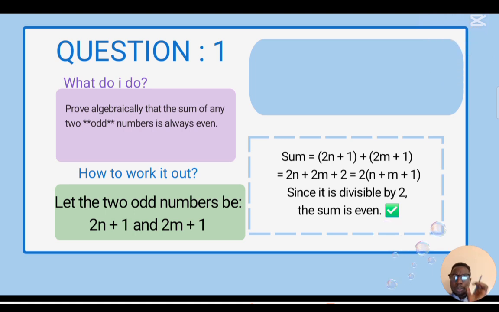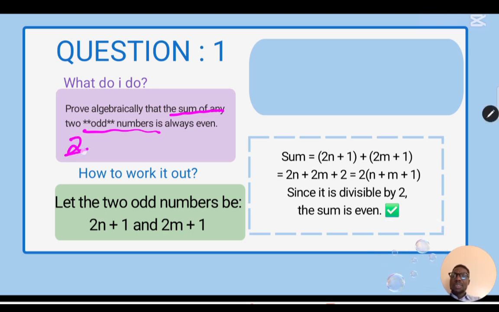Now, question 1. For question number 1, prove algebraically that the sum of any two odd numbers is always even. That means any two odd numbers. What are odd numbers? They are numbers that cannot be divided by 2.